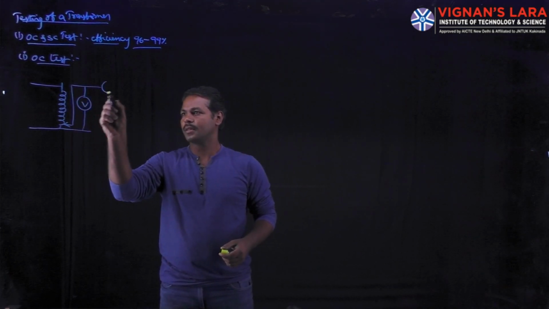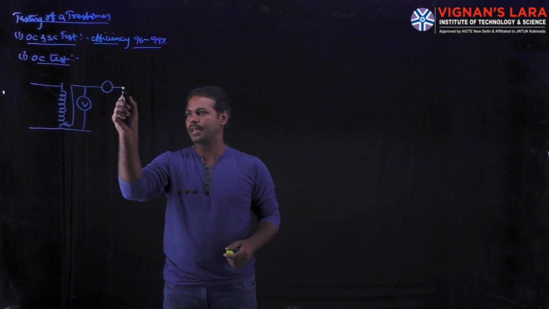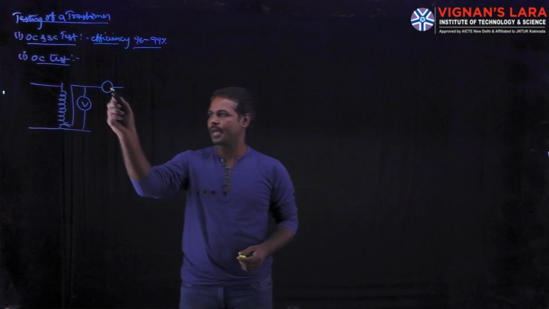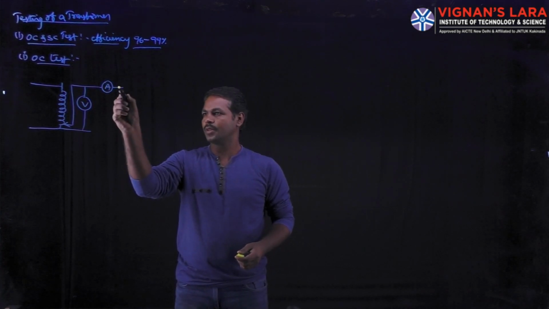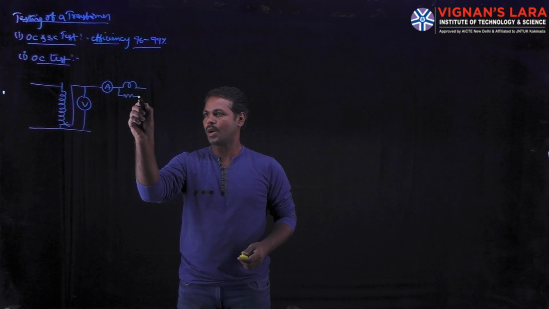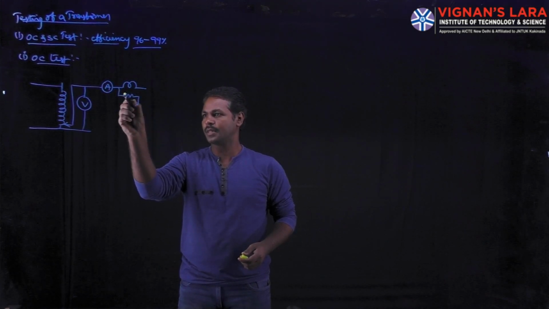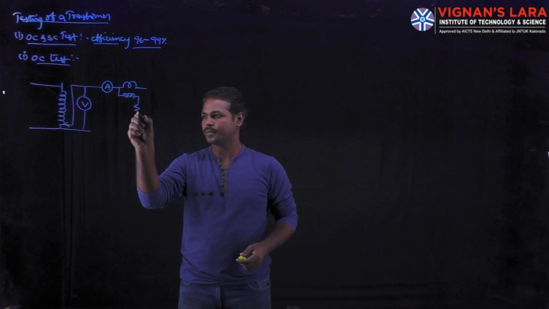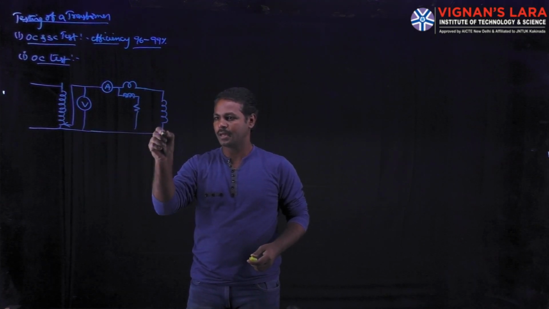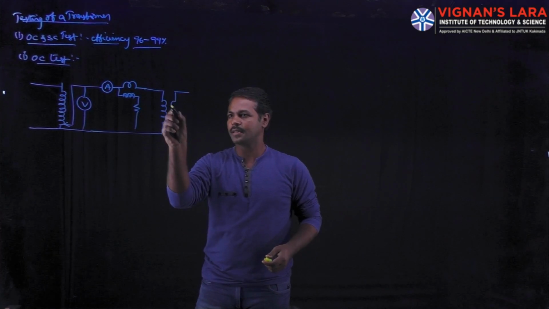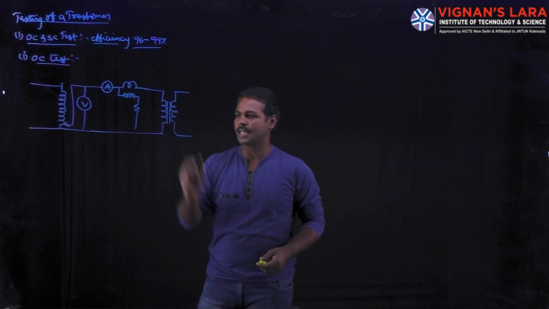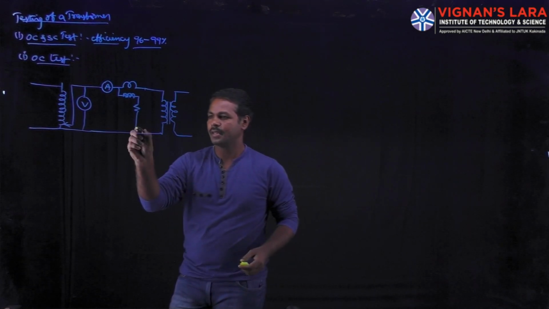Another one is an ammeter connected in series, so whatever current is drawn from the supply is measured by the ammeter, which is also connected in series with a wattmeter, across the primary of the transformer. Then the secondary of the transformer.